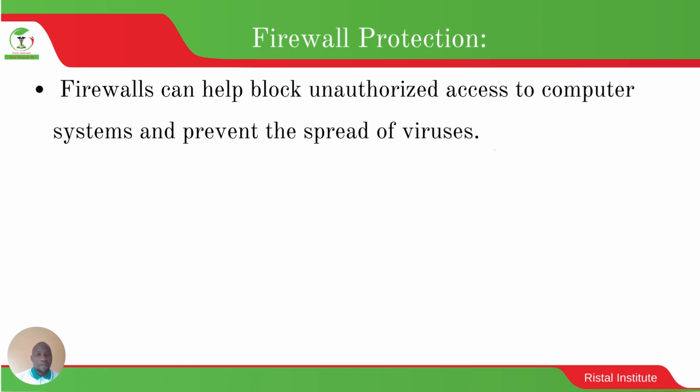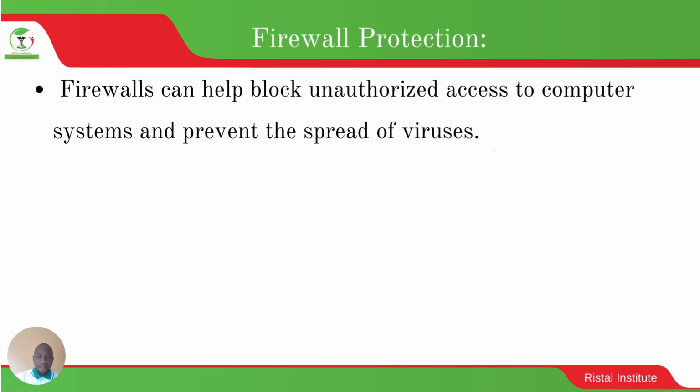Firewall protection is, for example, if we have a computer network system, we have a firewall that protects other people from entering into our computer system. For example, if you have a hospital website and you don't want people from other places to visit the website, the firewall can detect that someone who wants to visit the website is not from the country where the hospital is, and then the person will not get access.